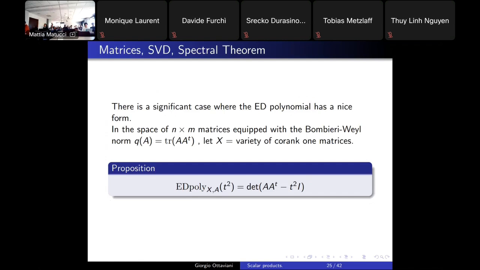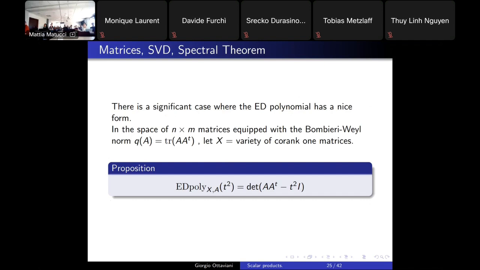Compute everything for matrices. Here it is very explicit. If you have rectangular matrices, the ED polynomial can be computed, and it is this one. You see, this becomes a square, even if A is rectangular. And what is this?